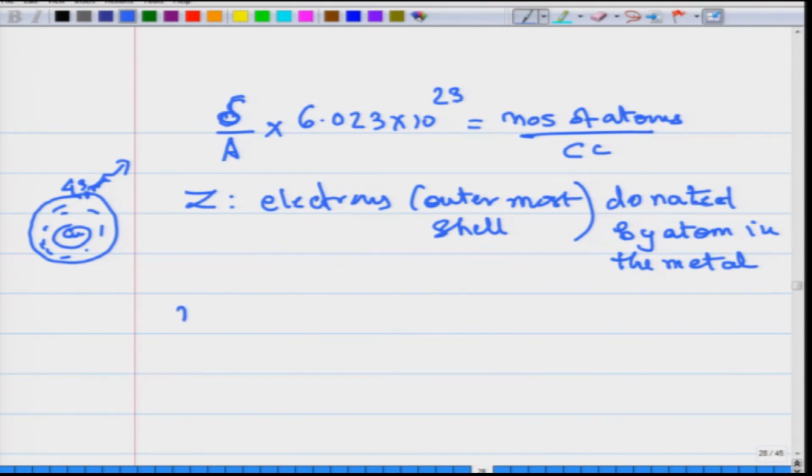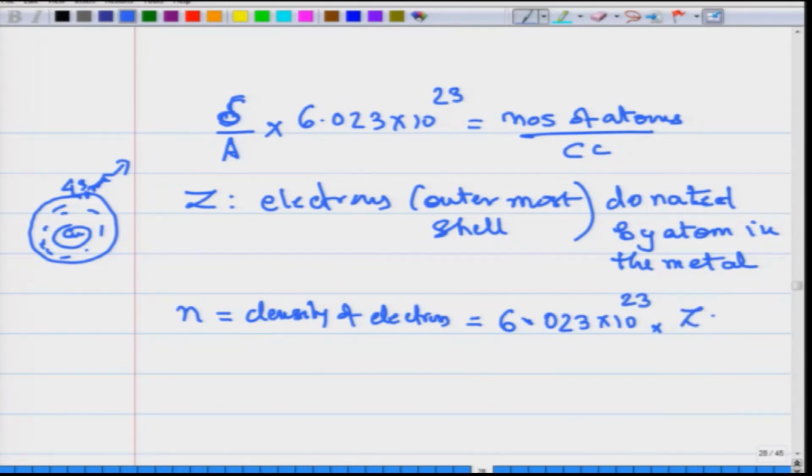then N, which is the density of electrons, is the number of atoms per cc into Z, because each atom is giving one electron, or Z number of electrons. So, your expression is N equals 6.023 into 10 to the power of 23 into Z, into the density of the material divided by the atomic mass, where Z is the number of outermost electrons donated by each atom in the material.